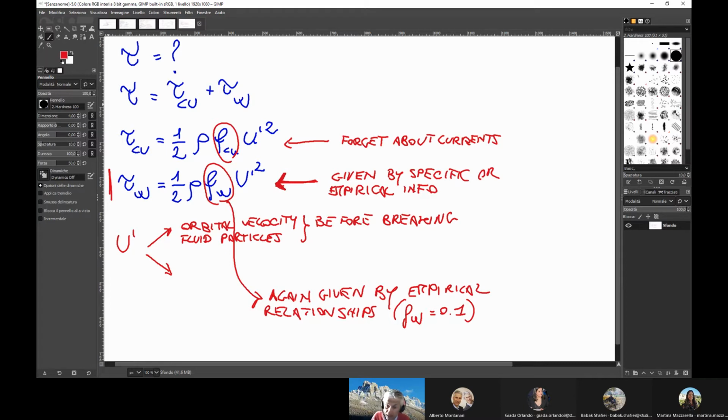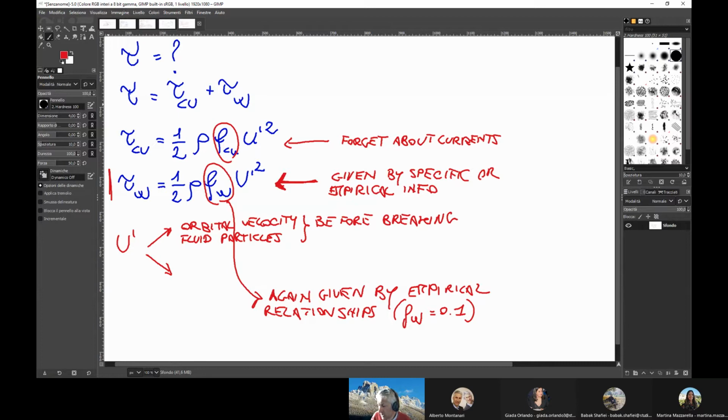But again, this is an empirical coefficient that you need to estimate by possibly referring to direct information, which means the producer of the units, or yes, empirical relationships.